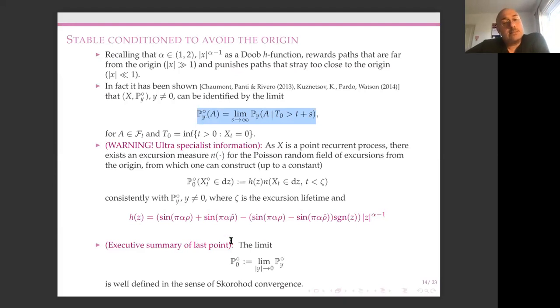But we can start the process from the origin. So the statement I'm making here is that the law of the process started from y converges in the weak sense with respect to the Skorokhod topology to a process starting from the origin. This, in a sense, is another example of the kind of Feller-type entrance law we're interested in.